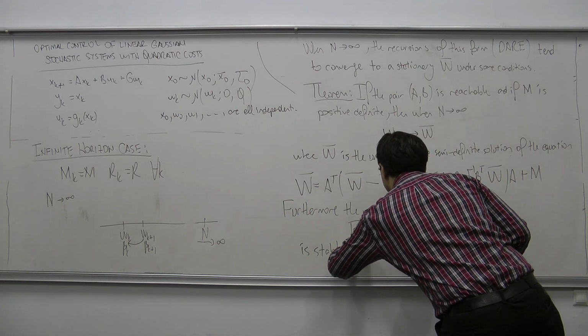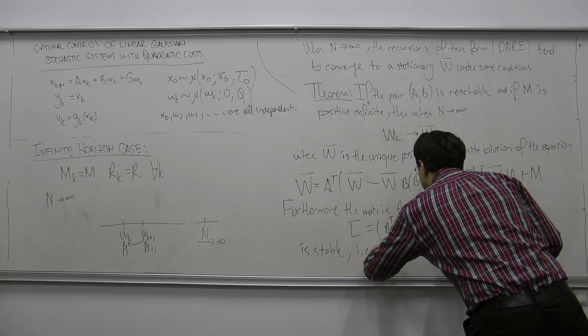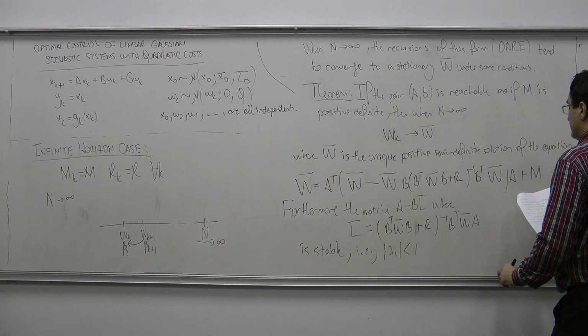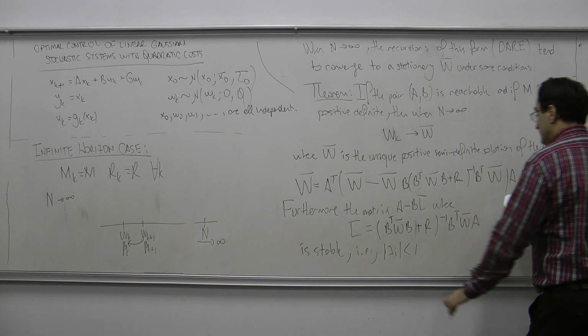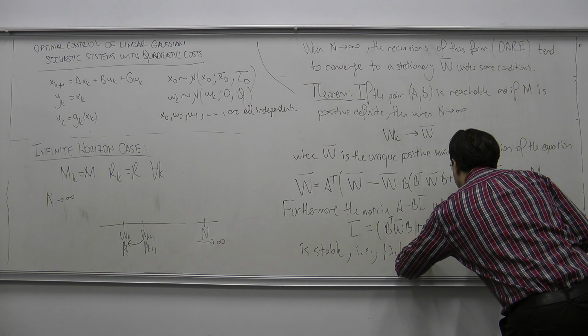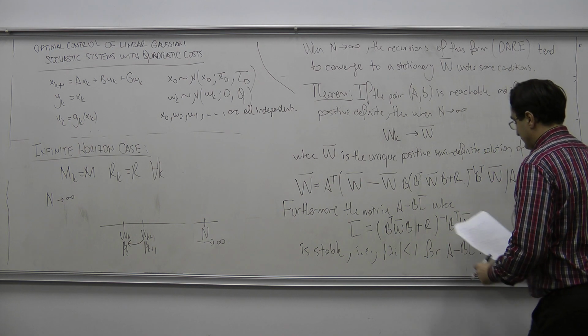In other words, the eigenvalues of this matrix A minus B L bar are stable. In other words, all of its eigenvalues are in the unit circle for this matrix.